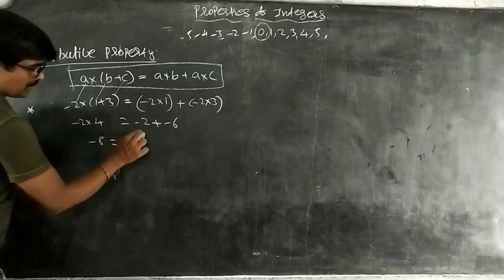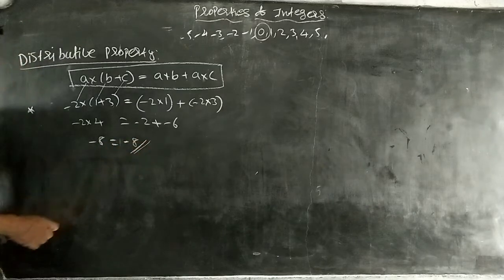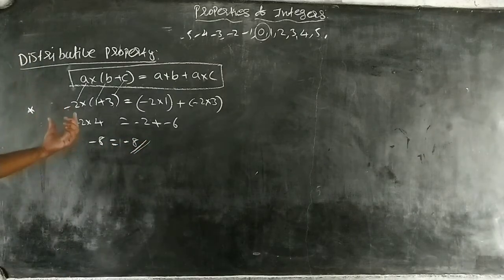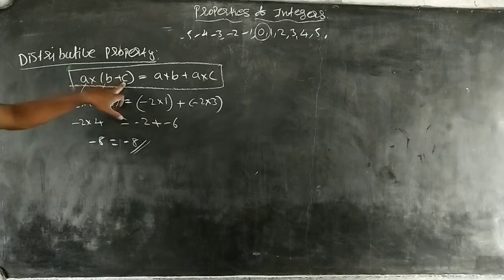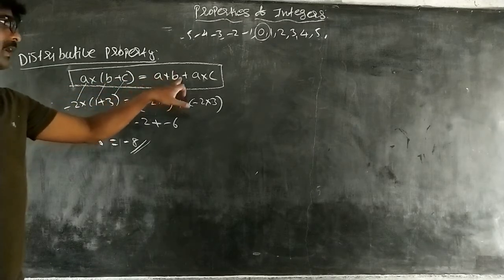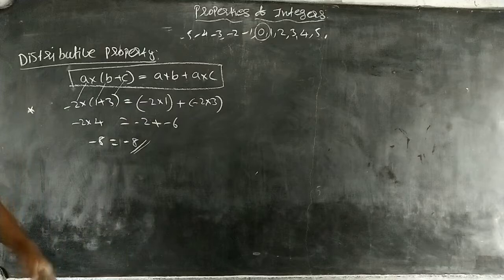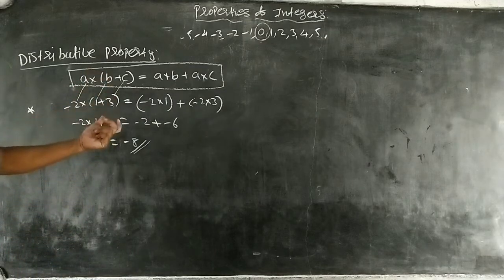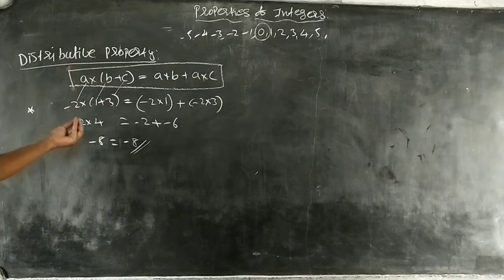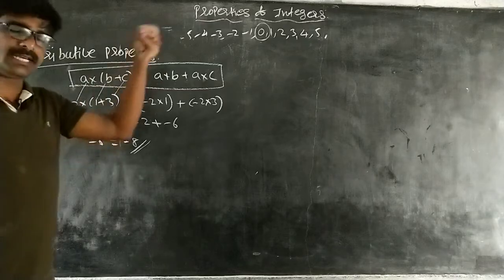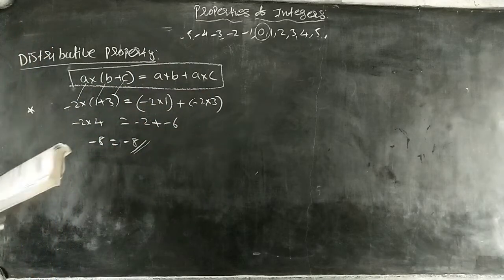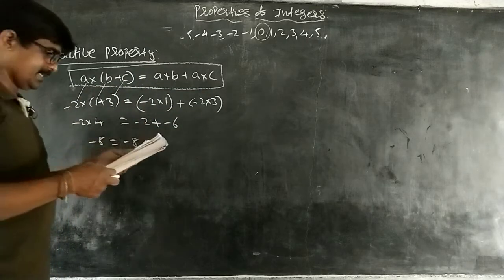This is also minus 8. Therefore, distributive property means A into (B plus C) is equal to A into B plus A into C. Based on these properties, we use applications to calculate and solve problems very easily.